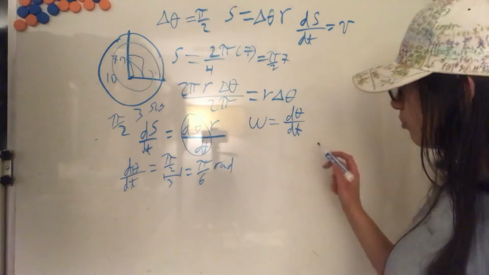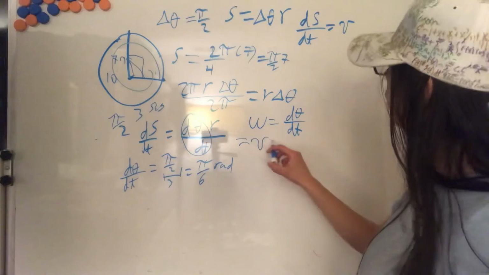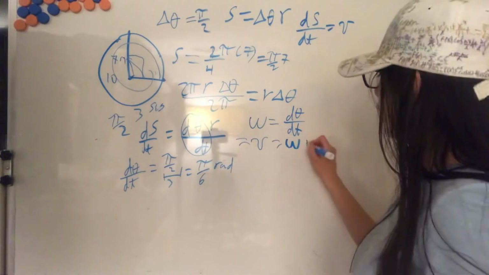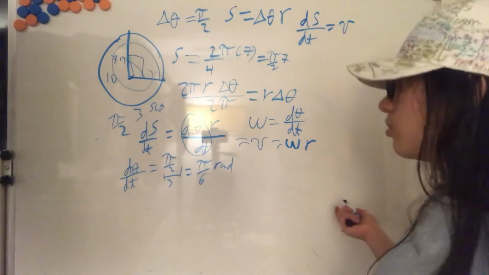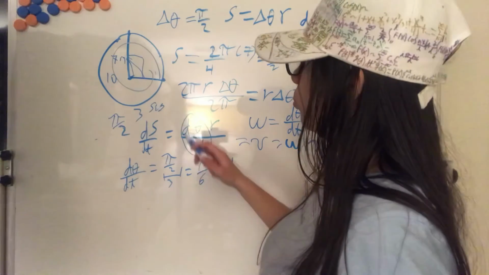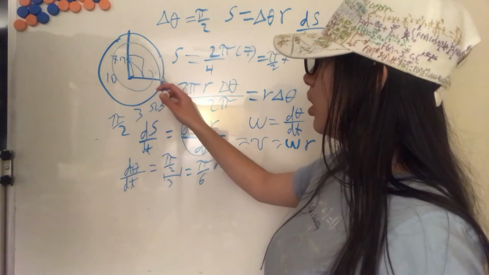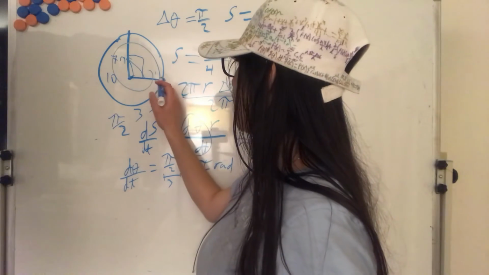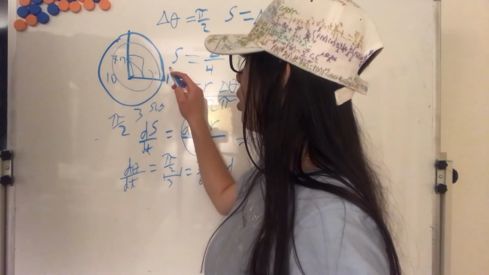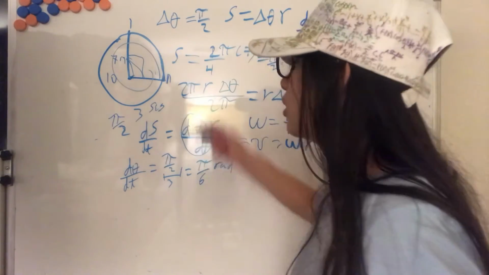Now, here we have that the velocity is equal to omega times r, and this is also because we want to know how much the particle moved, what is the velocity of the particle moving from here to here on that interval.